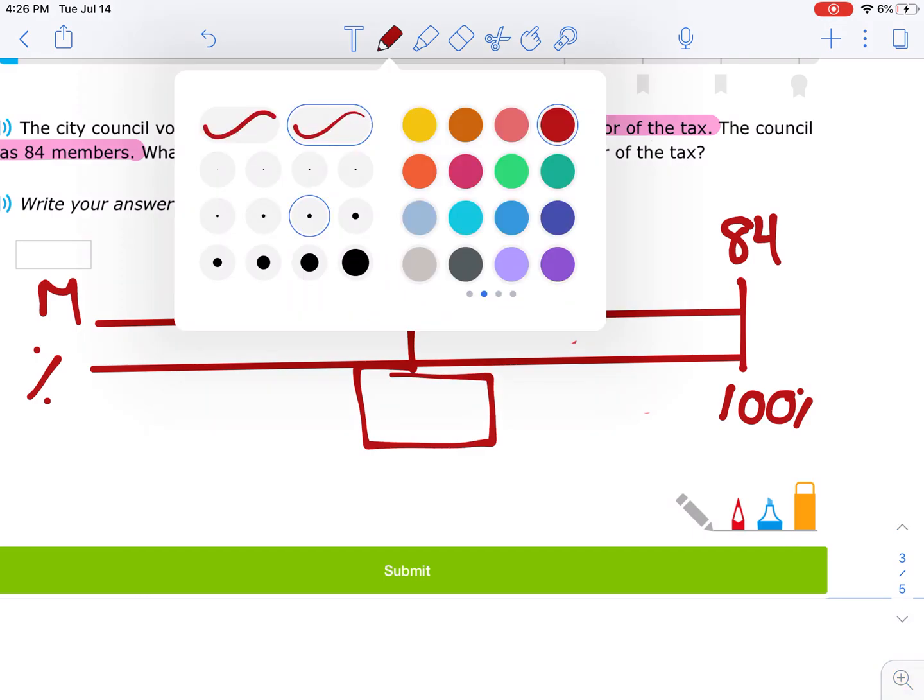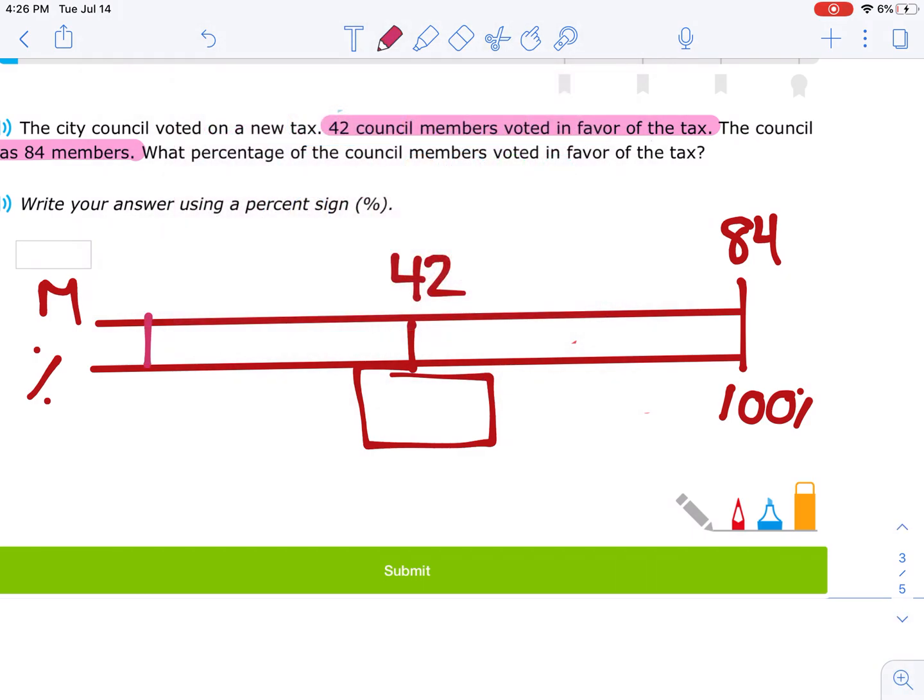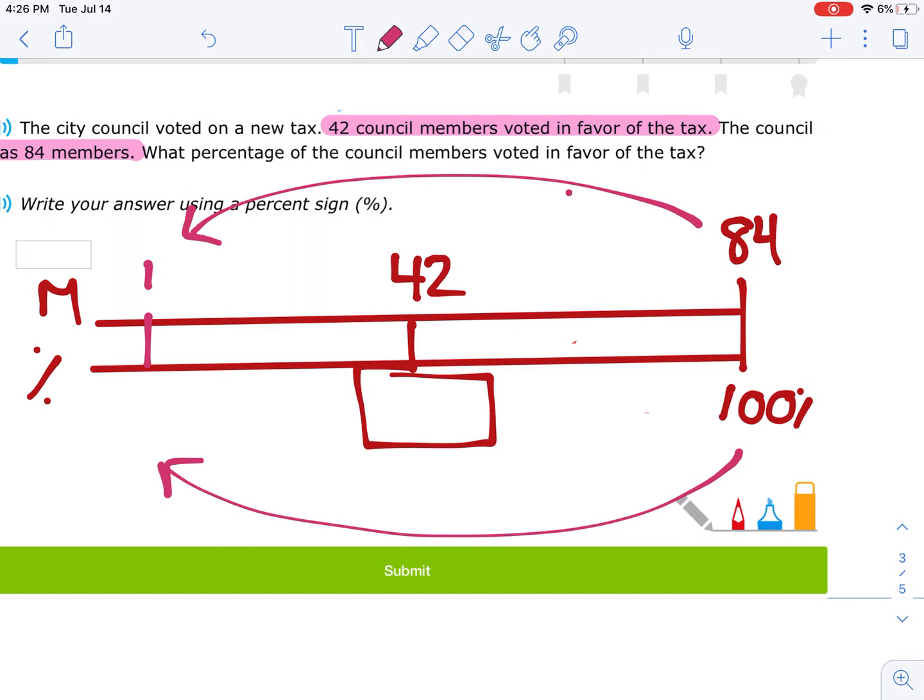So what I'm going to do is find what percent is represented by one person. So I say, how do I go from 84 to 1? I divide by 84. So I will do the exact same thing on the bottom. 100 divided by 84. When I do that, I get 1.19, a long decimal. I'm just going to keep that in my calculator. I'm not going to round it.